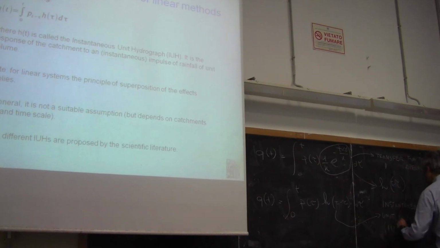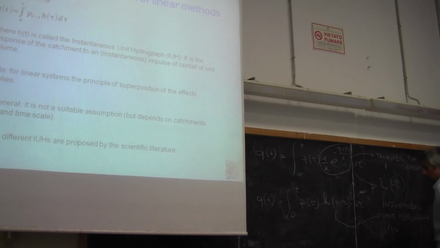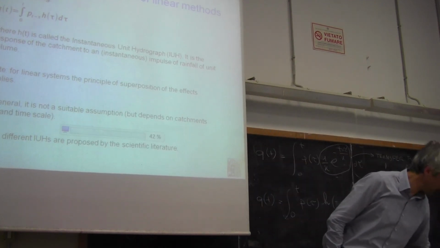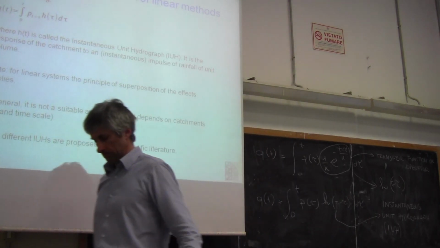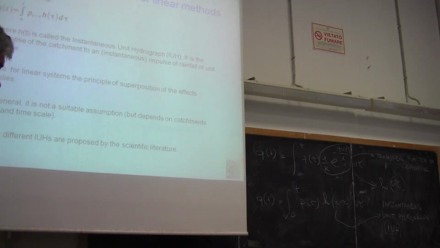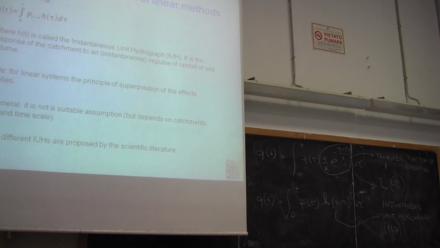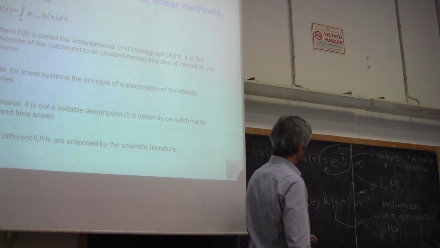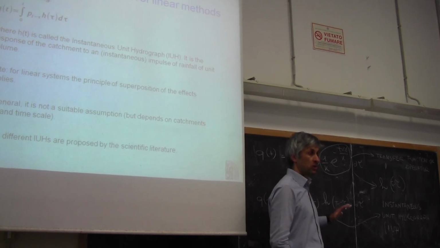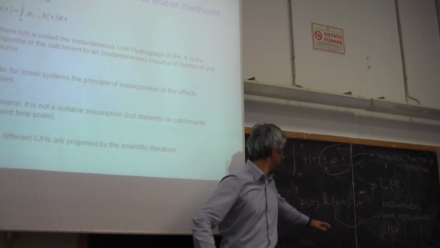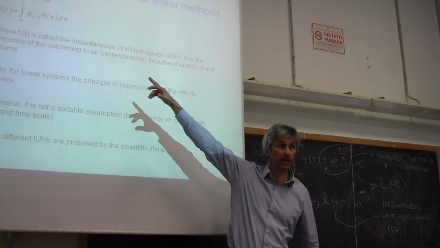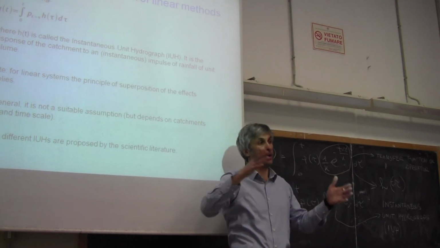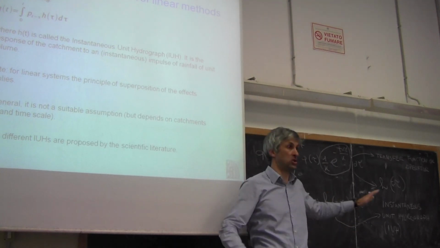Sorry, the IUH, not W, but a single U. Basically, it can be proved that any linear model can be written in this compact form, in the form that you see here and on the slide. What changes when you turn from one model to another is just the shape of H.